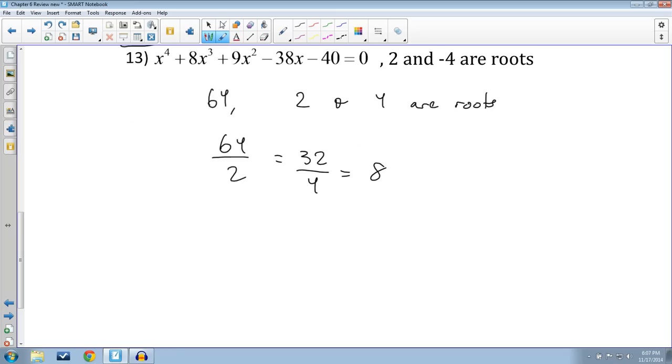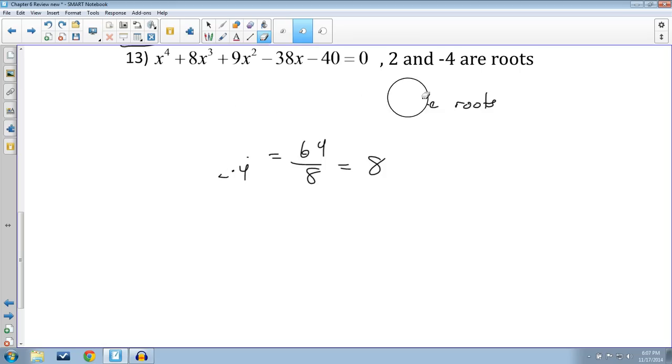Okay? Another way you could do it, and this is how I'm about to do it, instead of 64 over 2 and then 32 over 4, if these are both roots, then why do you write divided by 2 then divided by 4? Just do it divided by 2 times 4. That's 64 divided by 8, buddy, which is 8. So what I'm going to do is long division. And when I do, I'm not going to do divided by x minus 2.